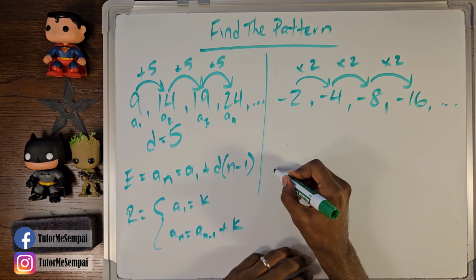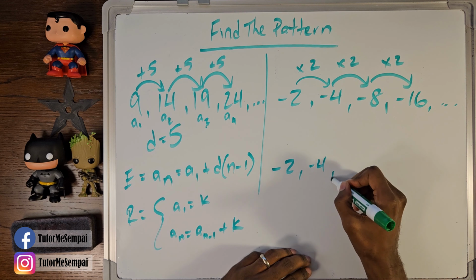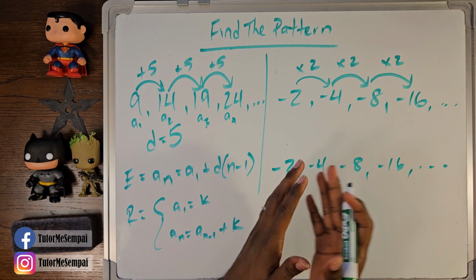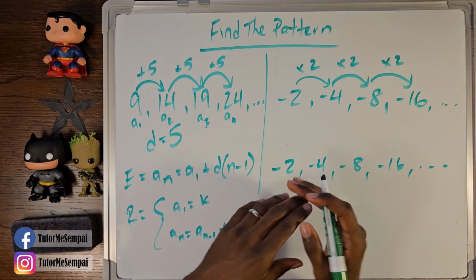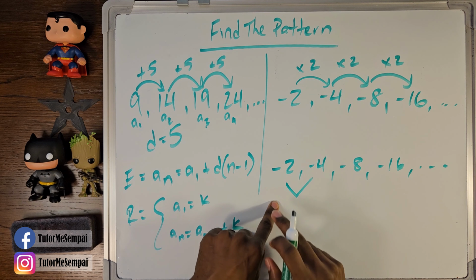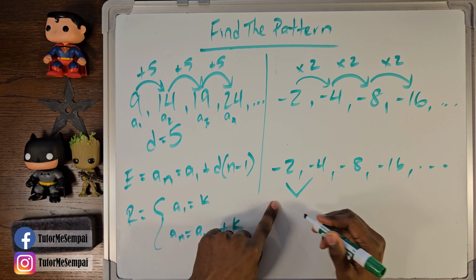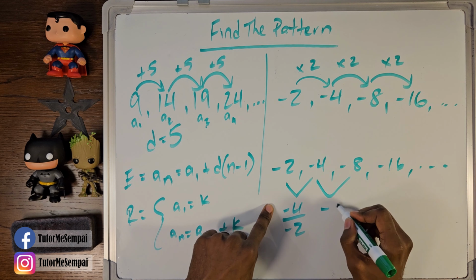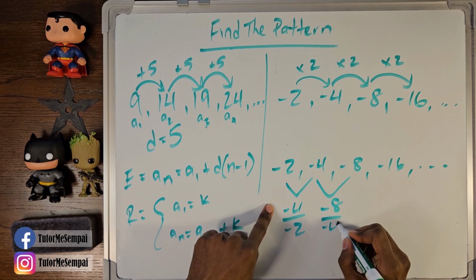So we're going to write the same thing, -2, -4, -8, -16, dot, dot, dot. If you look at your pattern as a ratio instead of a multiplier, what you do is look at the ratio between your consecutive terms. So -4 over -2. This is going to be -8 over -4.